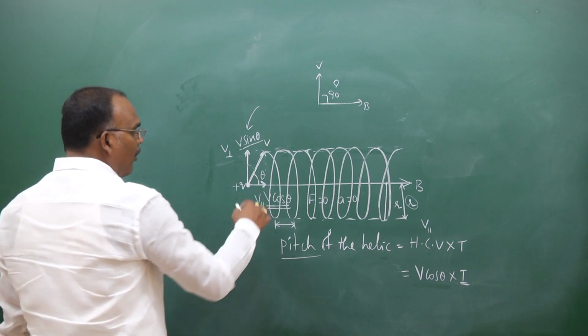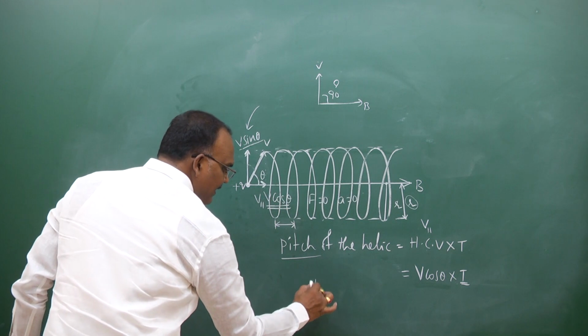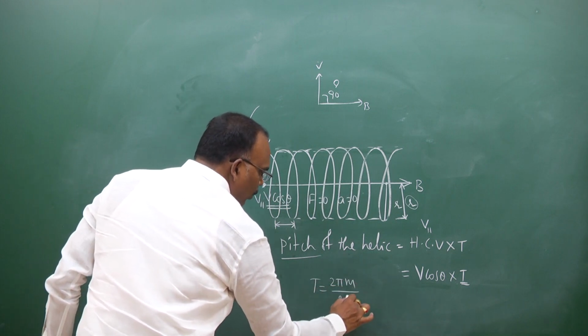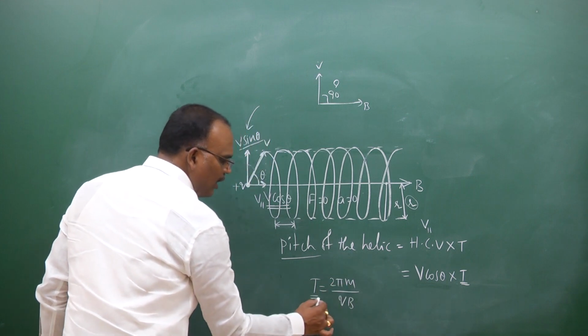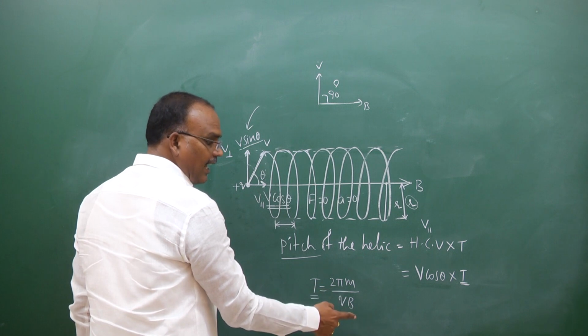The time period of revolution of a charged particle in the helical path is the same as before, 2 pi m by qB. Why? Because the time period of revolution of a charged particle is independent of velocity and radius.